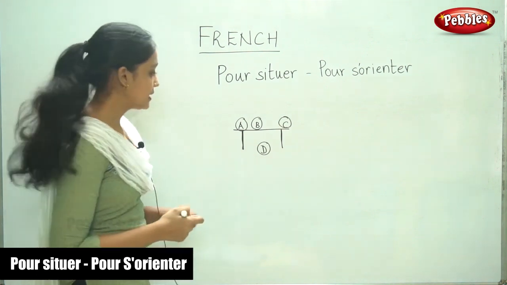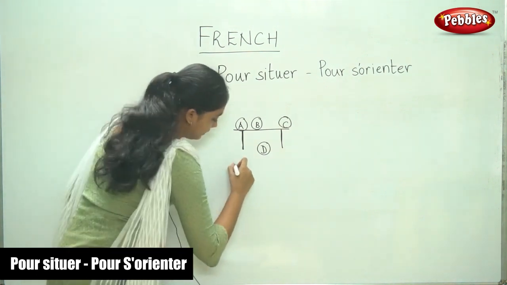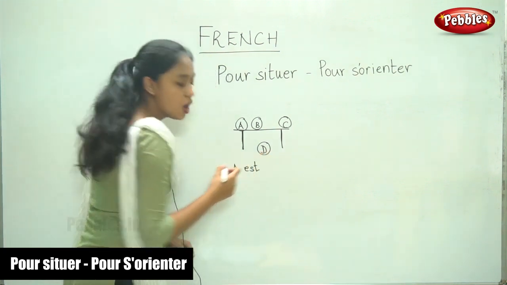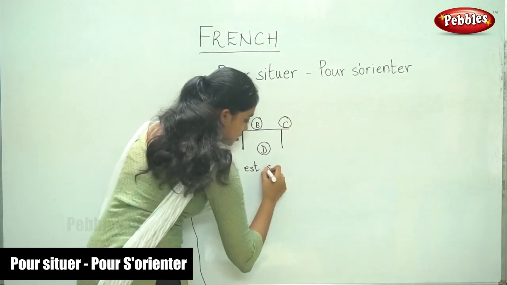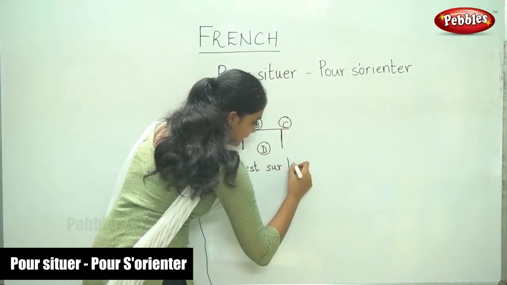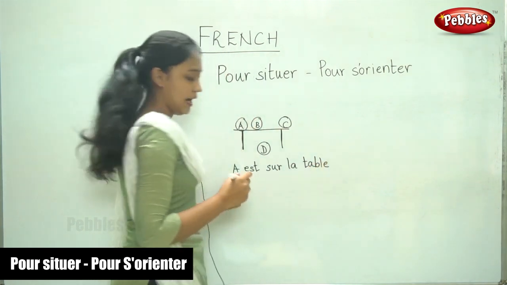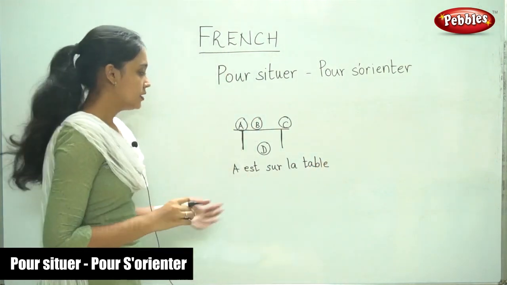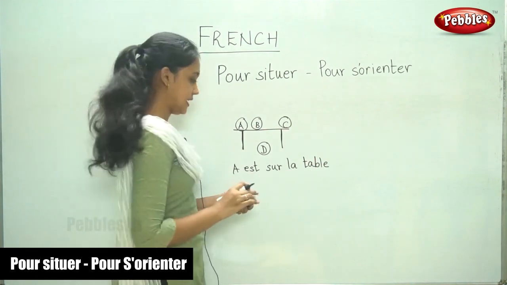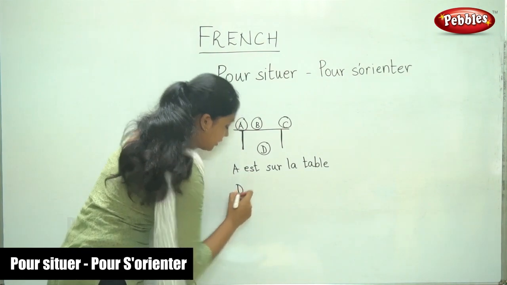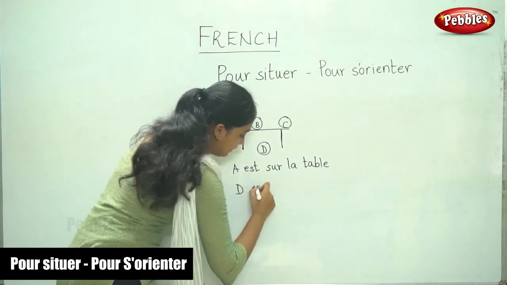So, how will you write? A on the table. You would say sur la table. A est sur la table. A is on the table. Next, we say about D. D est.